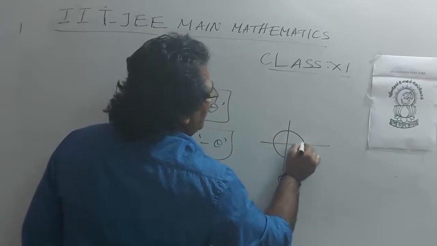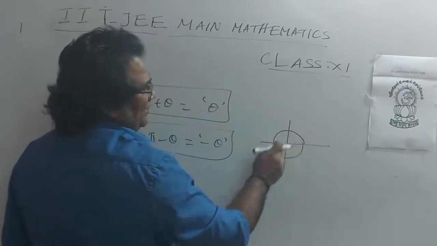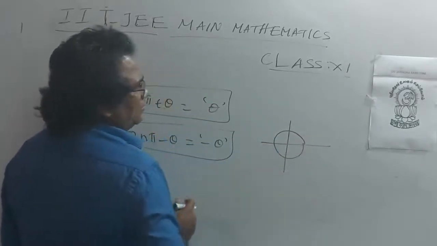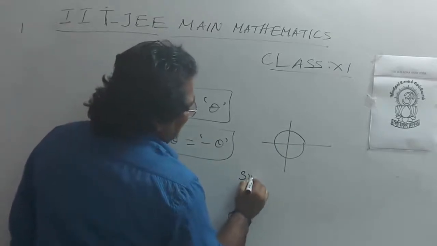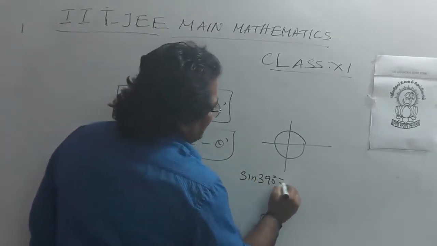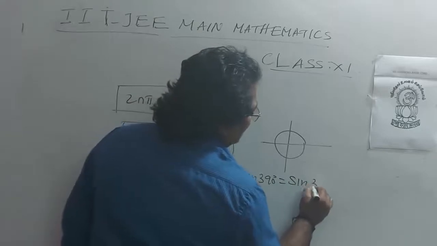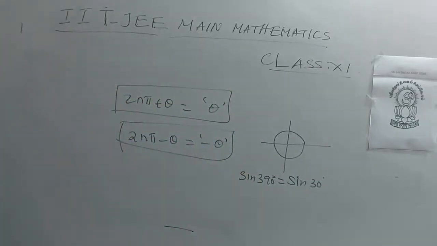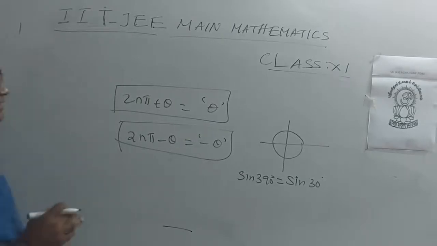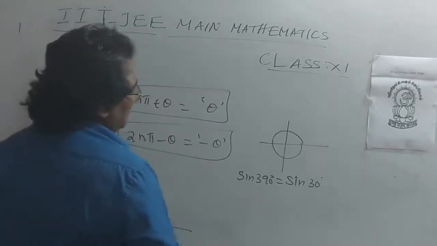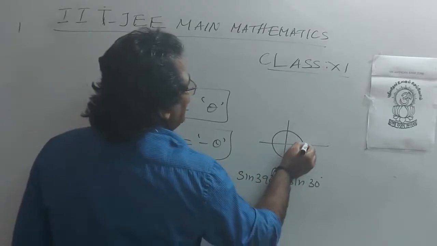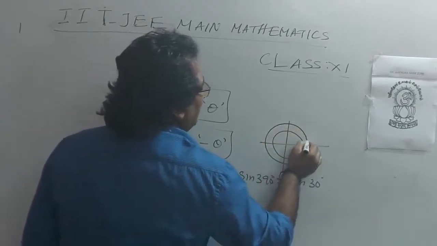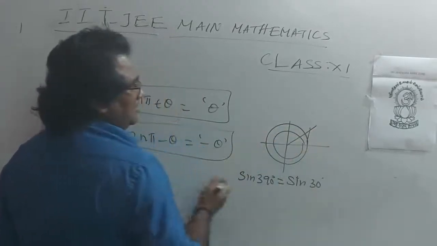First one round, it will become 0. If you reach 360, that is 0. So sin 390 is equal to sin 30 degree, that's it. 360 plus 30, sin 30. Suppose 750, 2 rounds 720, again 30.